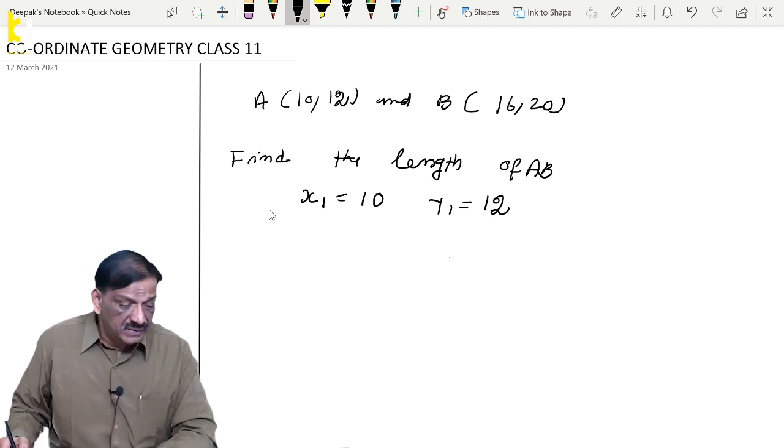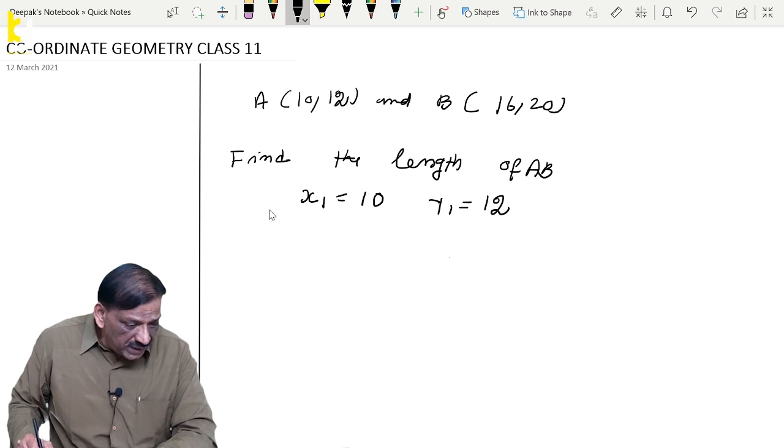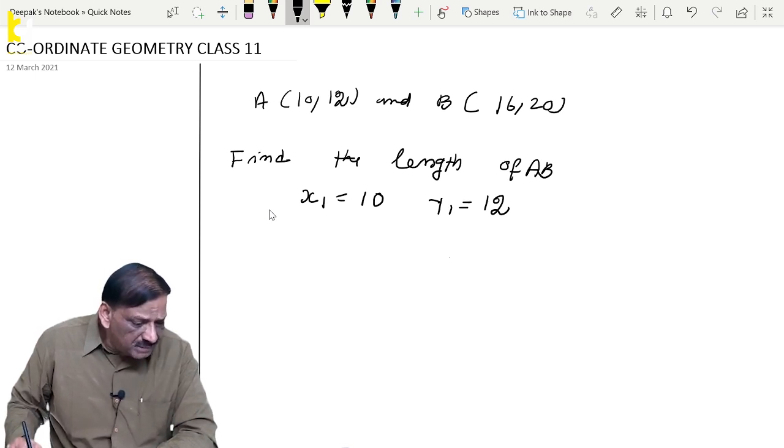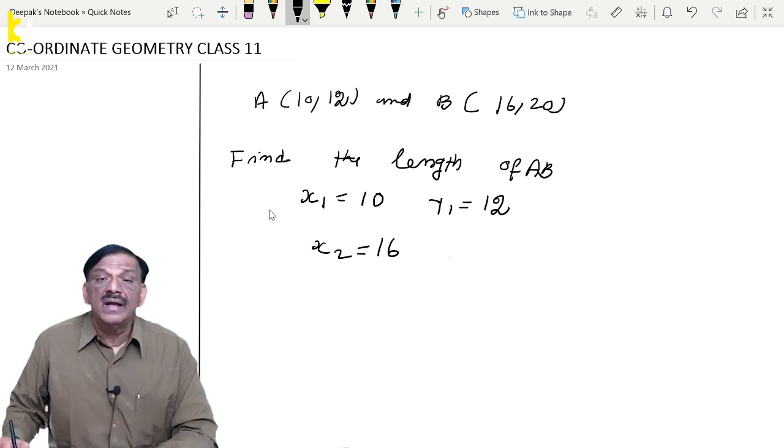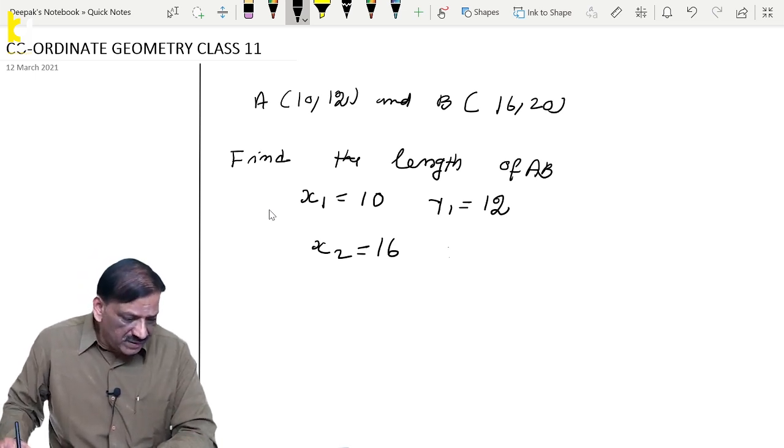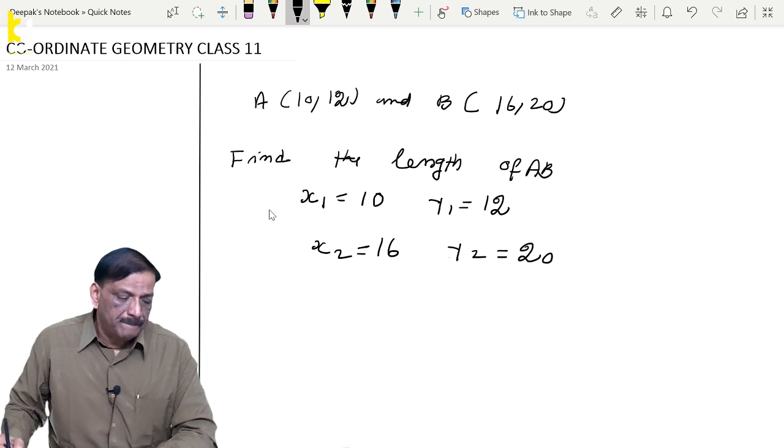Then the second point, that is B (16, 20): x2 equal 16, and the second point y-coordinate, y2, is equal to 20.